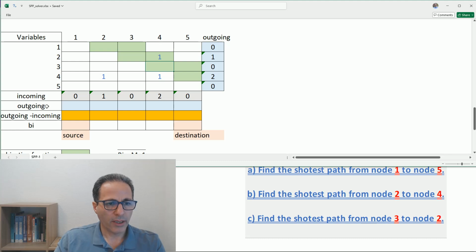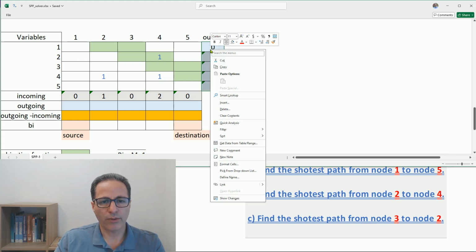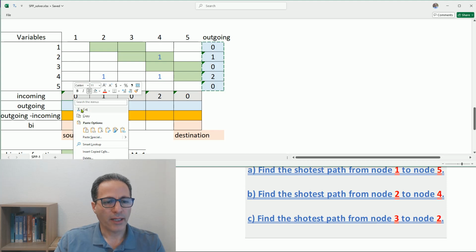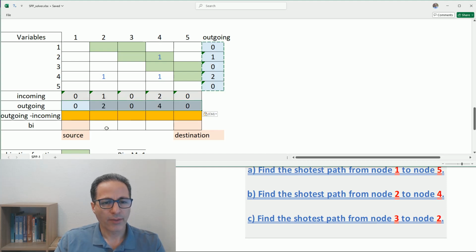Now, I want to write the outgoing here because we want to write outgoing minus incoming. I want to bring those values here. We know that we can copy some column and paste as a row, but if you do it like this, it will not work. Let's see. If I copy this, but I paste here as transpose, then you will see that here I have a 4, but I don't have a 4 there.